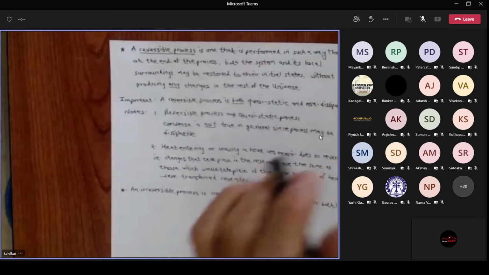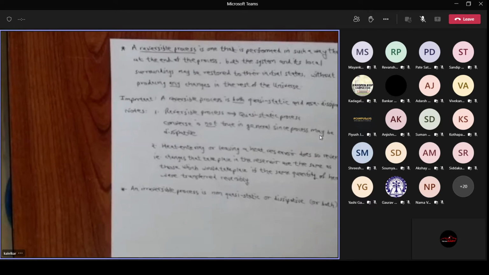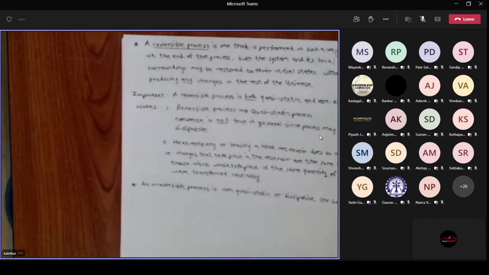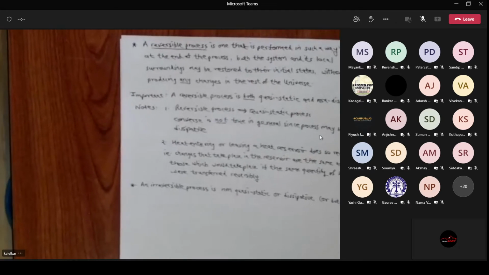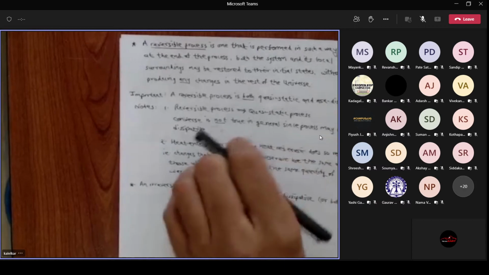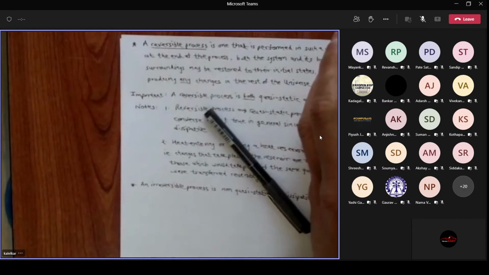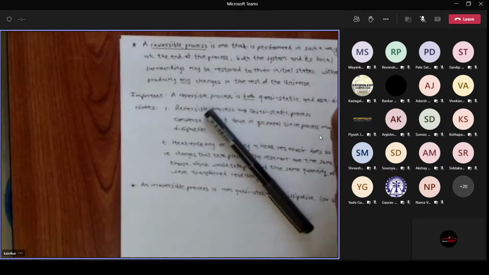Now why is that the case? Because even if you throw a huge amount of heat to the reservoir, the change in coordinates of the reservoir is negligible. It's not zero, it is very, very small. Okay, so let me give you a concrete example. Suppose I have 4 joules of heat which I will reject to the reservoir.